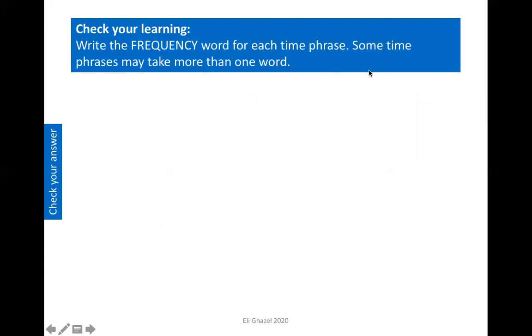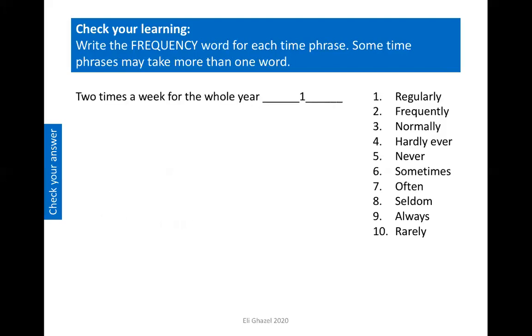And you, as the teacher, are walking around now. So you put them up again. 2 times a week for the whole year. Remember, get them to write the words, not put the numbers. I just put the numbers so we can make it easier for you to check. All right? Maybe one time every 2, 3 years, we can say hardly ever, or seldom, or rarely.